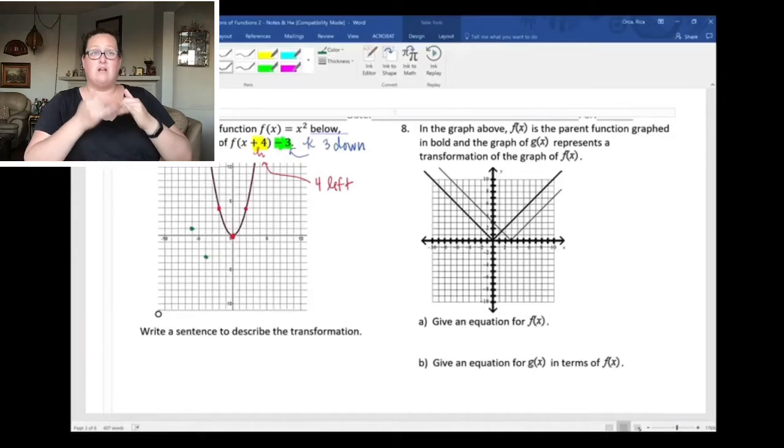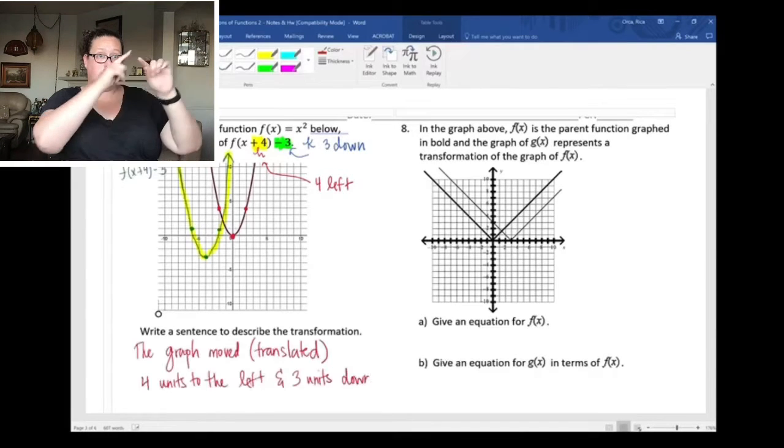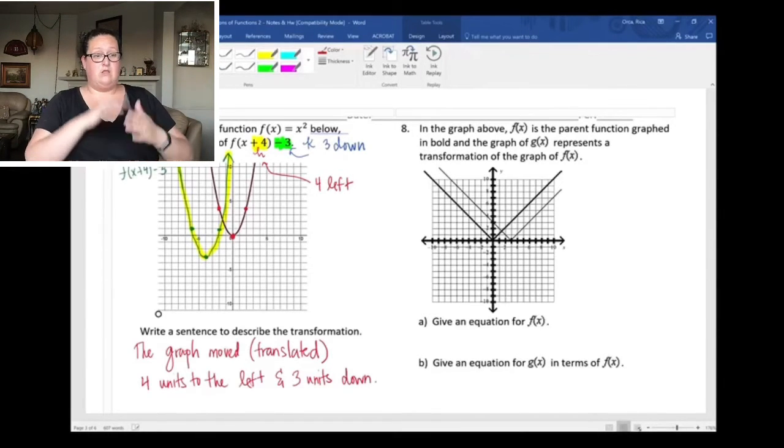And finally, let's move 2, 4, 4 units to the left, 1, 2, 3, 4, and 3 units down, 1, 2, 3. Draw the graph. The graph moved 4 units to the left and 3 units down.